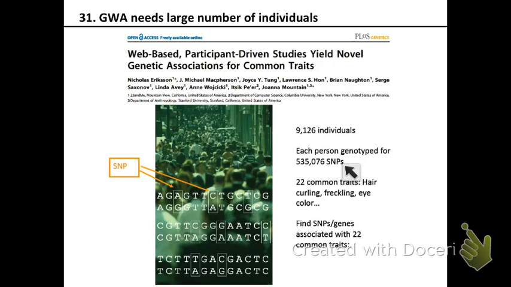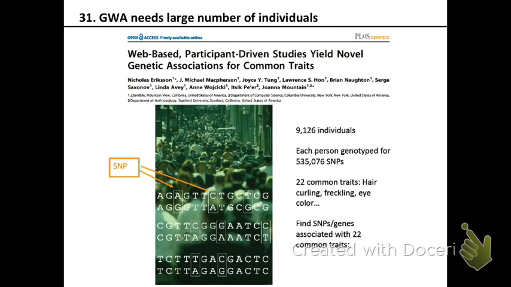So you pick certain SNPs across the genome, and because each of these SNPs are going to be linked to each other, you can choose a smaller number of SNPs. So they looked, for example, for 22 common traits like hair curling, freckling, eye color, etc. And then what they could find was some SNPs and genes associated with some traits.